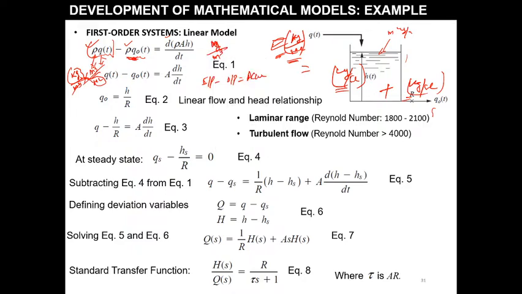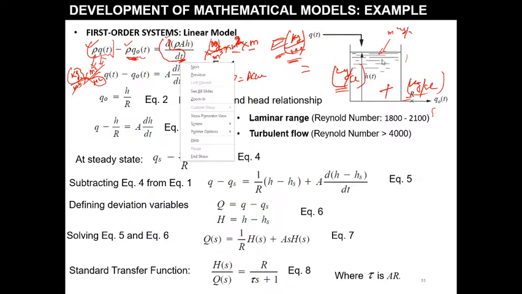Density equals mass upon volume. If you multiply by the area, meter square, and when you multiply with the height, then it becomes kg per meter cube into meter square into meter. So it will come kg. But since it is the accumulation, we have to multiply the d by dt because it is changing with the time.